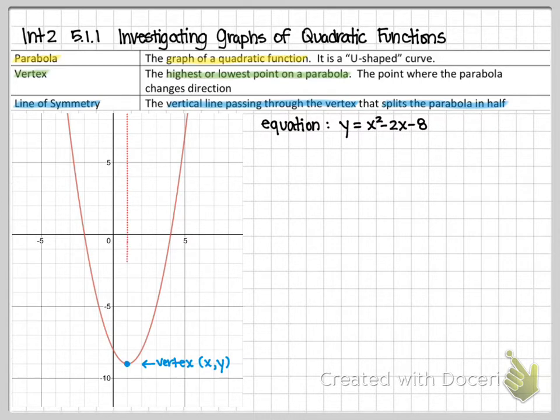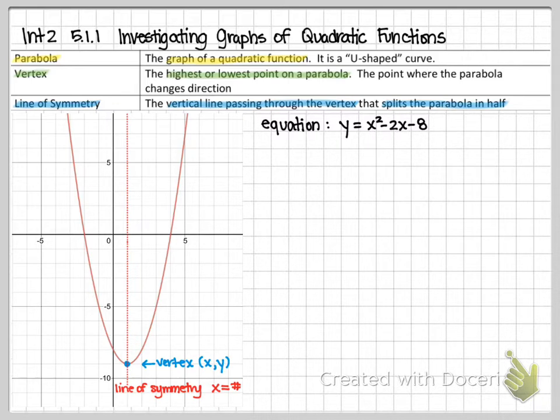If we draw that in, I want you to imagine folding the graph over that line. If we did that, then the left-hand side and the right-hand side would match up perfectly. This is the line of symmetry. Now, the line of symmetry is going to be for us the entire year a vertical line. A vertical line is always x equals some number. In this case, it looks like it's at x equals 1.